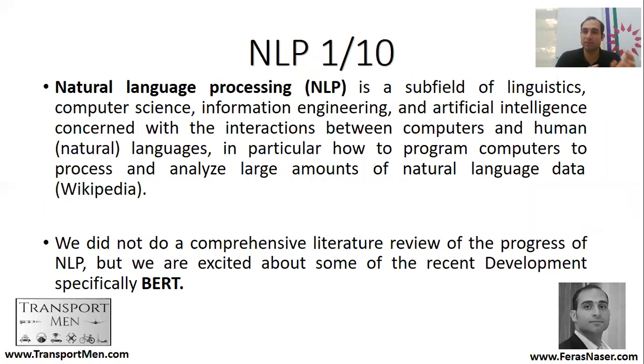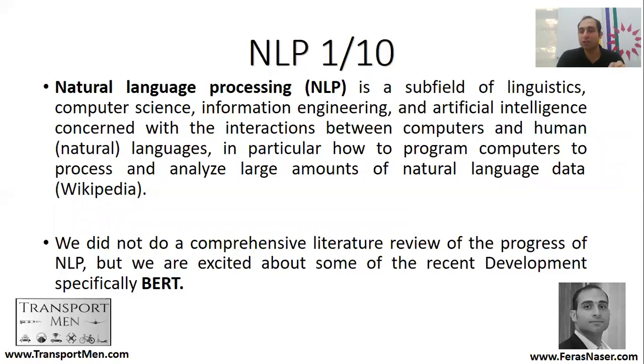So let us move a little bit to the world of natural language processing and how we can utilize the recent advancement in natural language processing to advance some of the railway aspects. The subfield of natural language processing is about linguistics, computer science, information engineering, and artificial intelligence, and it's concerned with the interaction between computer and human natural languages.